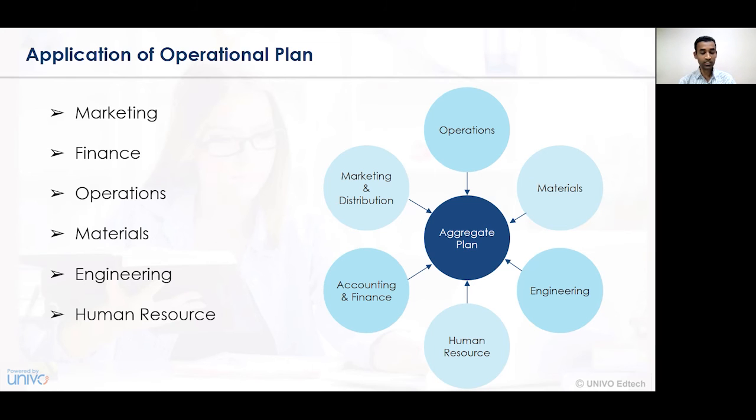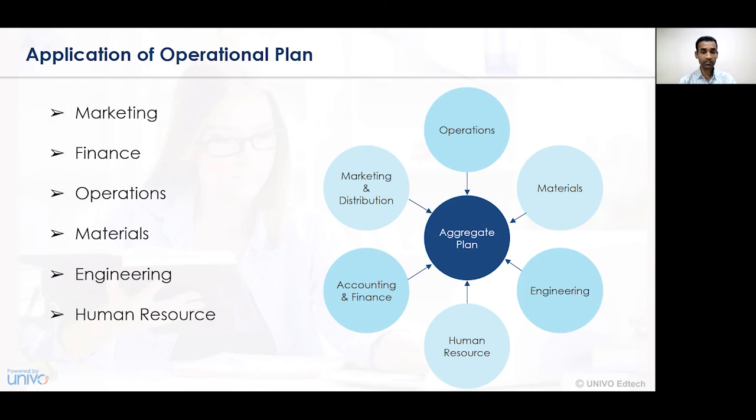With respect to the engineering activities, an operational plan should specify what various engineering technologies you are going to implement, and over a period of time, what series of activities needs to be implemented. If you need to import a certain technology, or implement certain tools and techniques for production, all those activities need to be taken into account, and accordingly the operational planning activities need to be guided and forwarded.